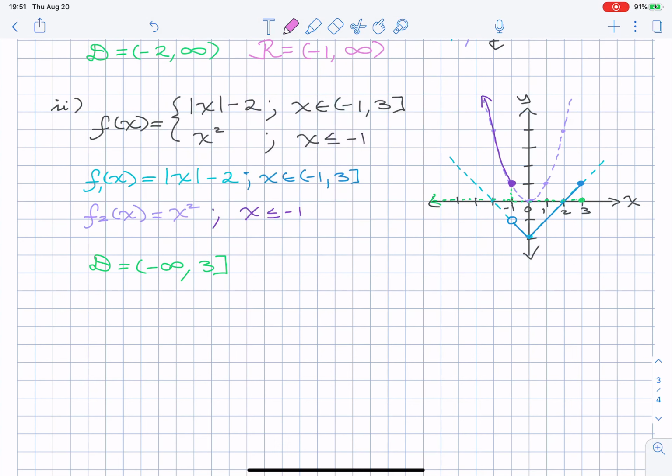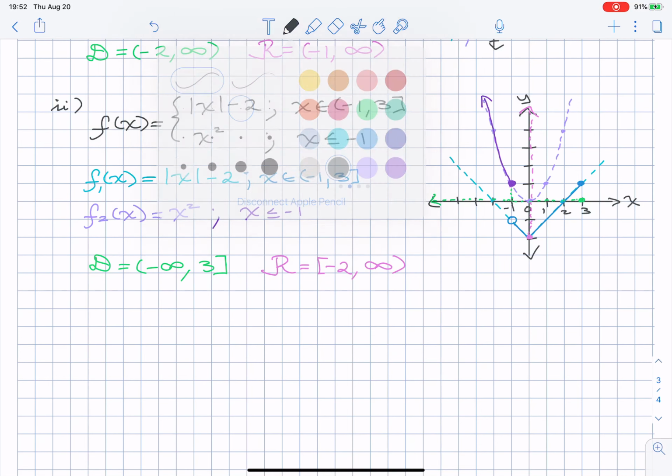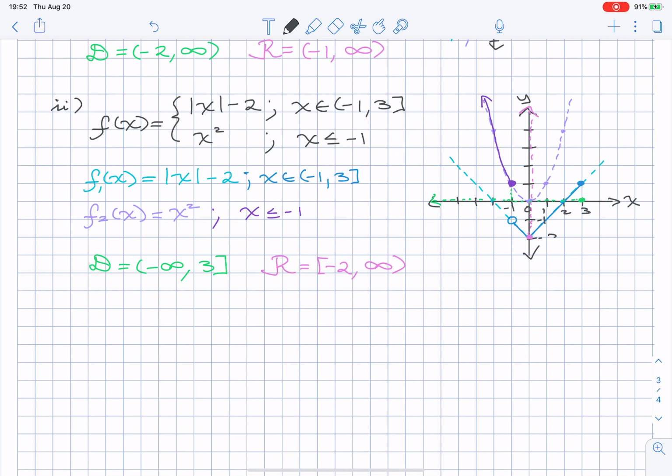And the range goes down to -2 and goes all the way up. So the range includes the point at -2 on the y-axis and then goes up forever.